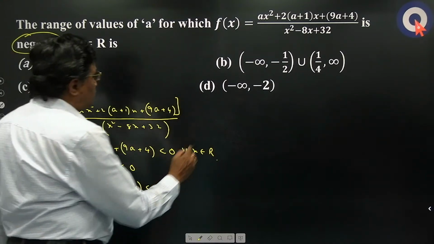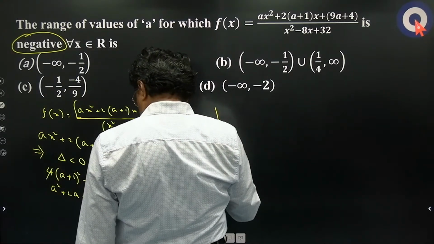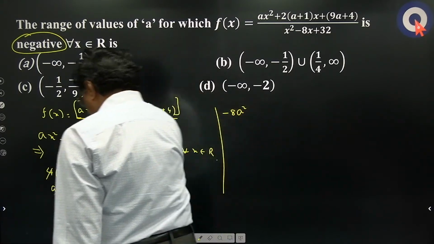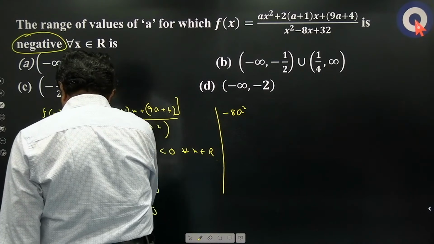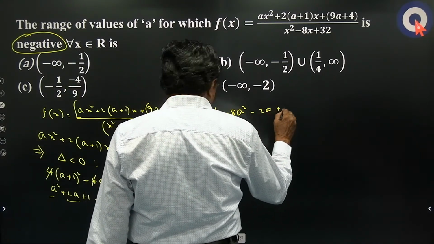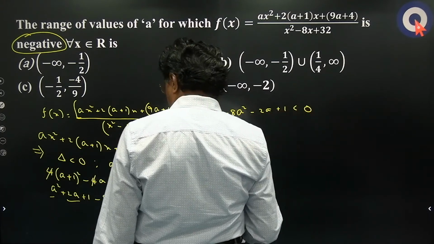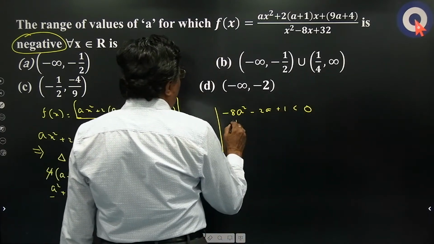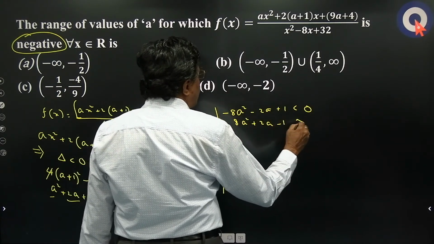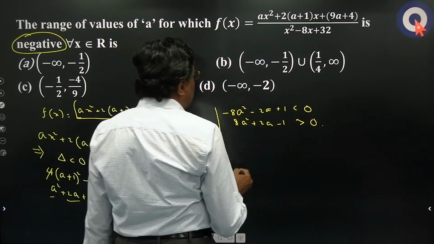So, this becomes minus 8a square, plus 2a minus 4a is minus 2a, plus 1, this has to be less than 0. So, that means we have 8a square plus 2a minus 1 has to be greater than 0.